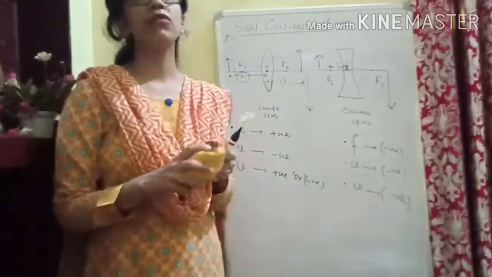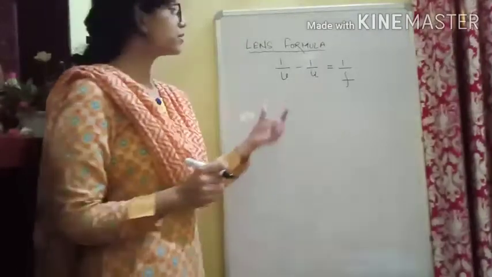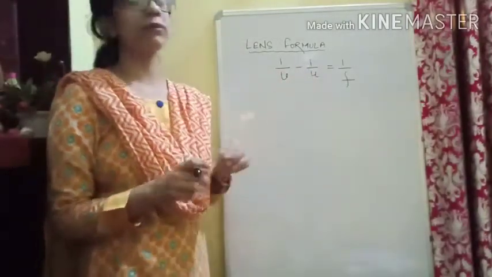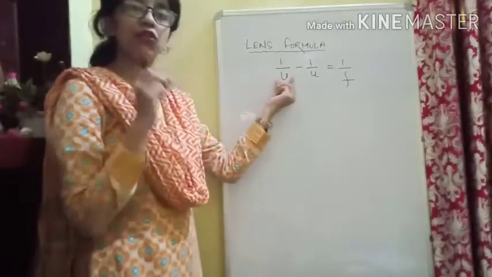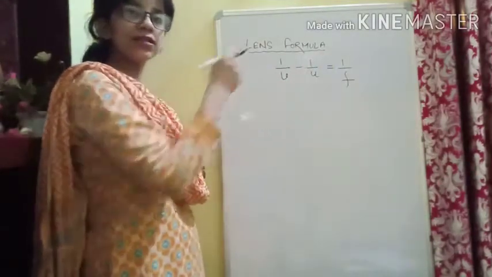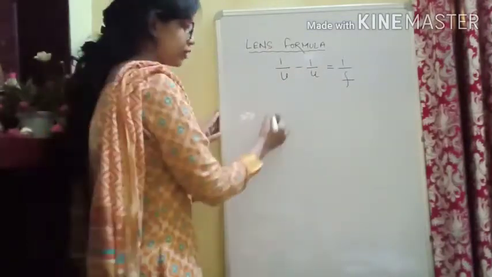Now let us talk about the lens formula. The lens formula is 1 upon v minus 1 upon u is equal to 1 upon f. v, we know, is the position of the image from the optical center. u is the position of the object from the optical center.